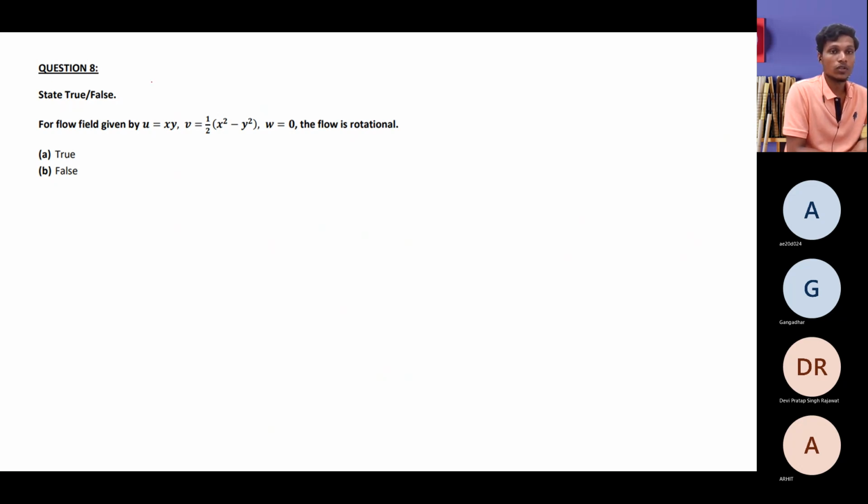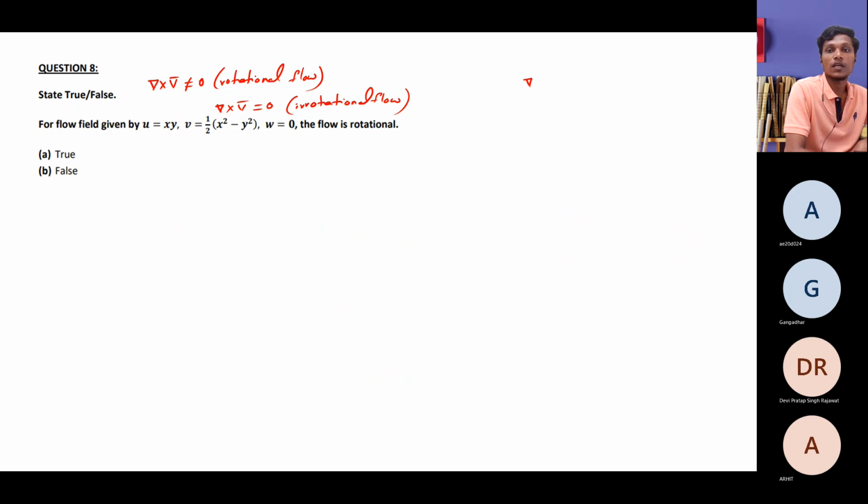For a rotational flow, the equation is del cross V bar should not be equal to 0. Then only we say it is rotational flow. If del cross V bar is equal to 0, then it is irrotational flow.